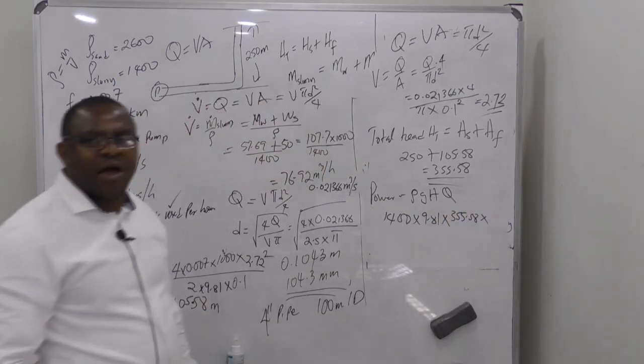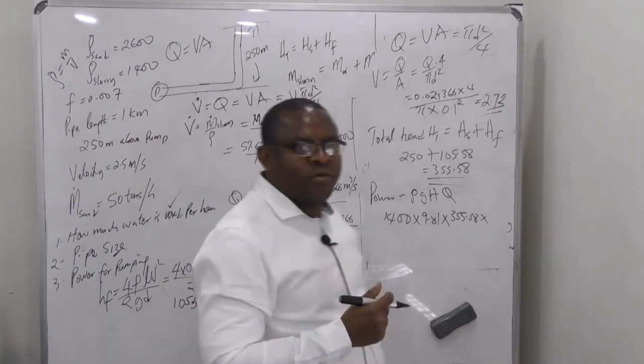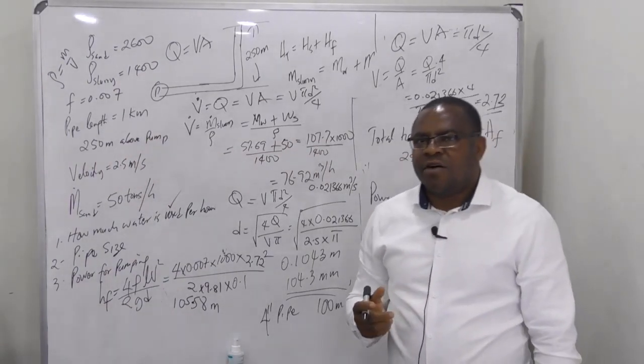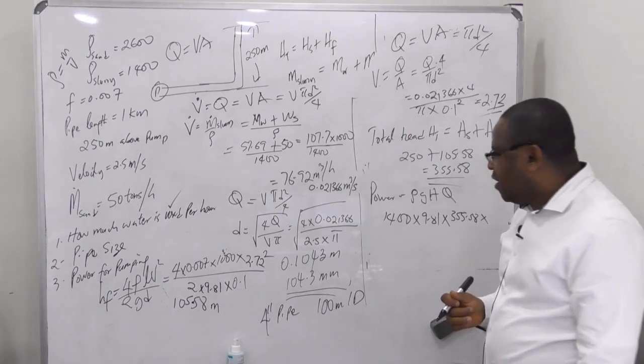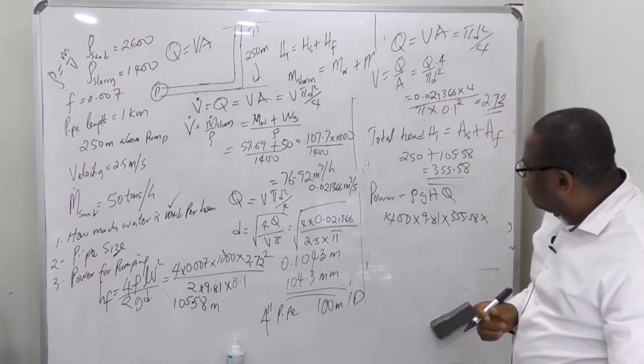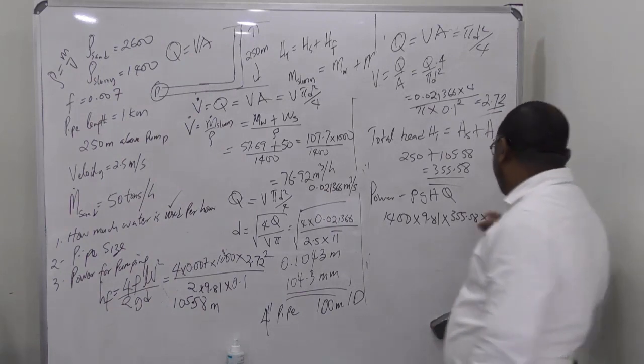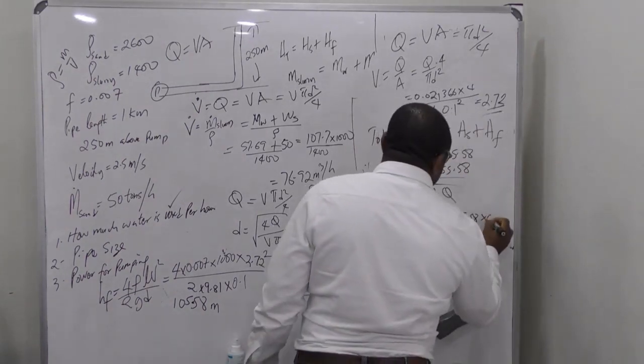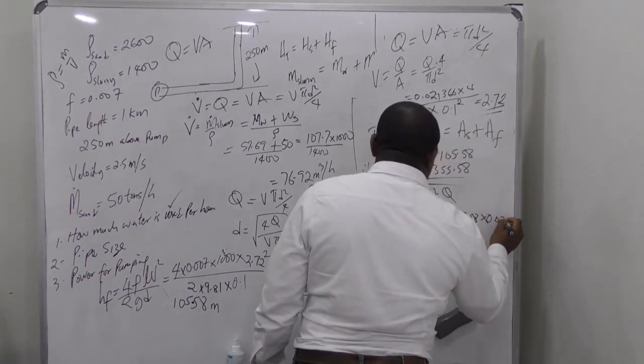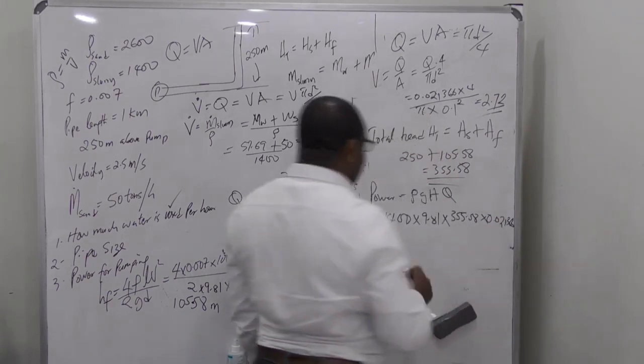Now you multiply by the volumetric flow rate of our slurry, this is Q for our slurry, which is 0.021366.